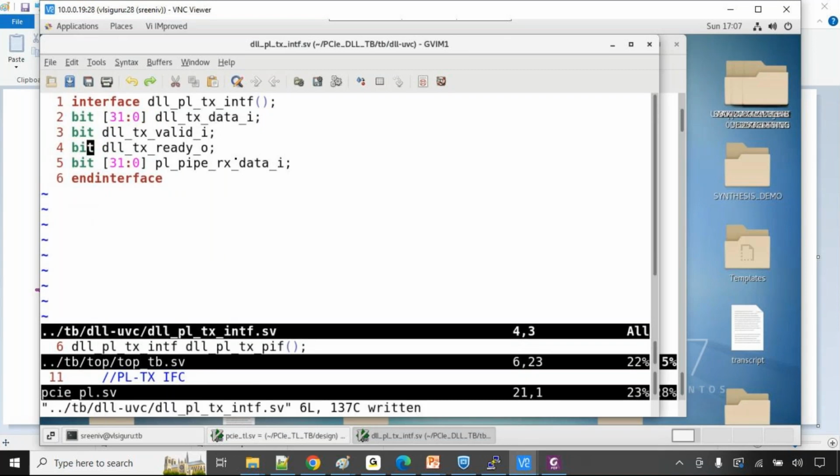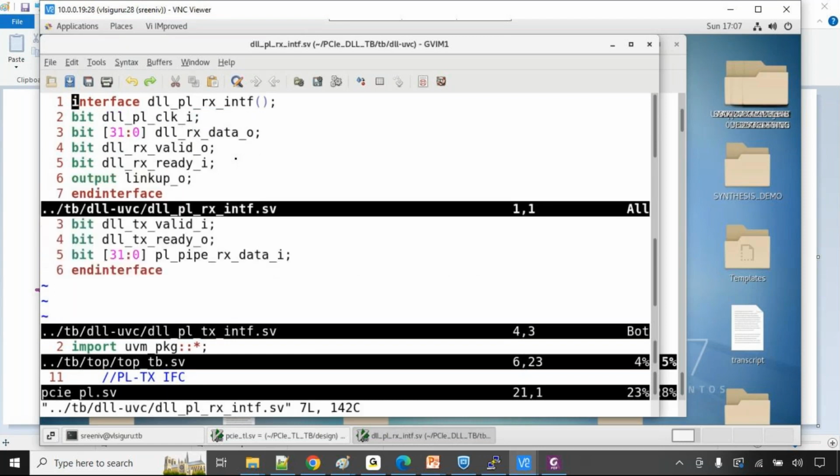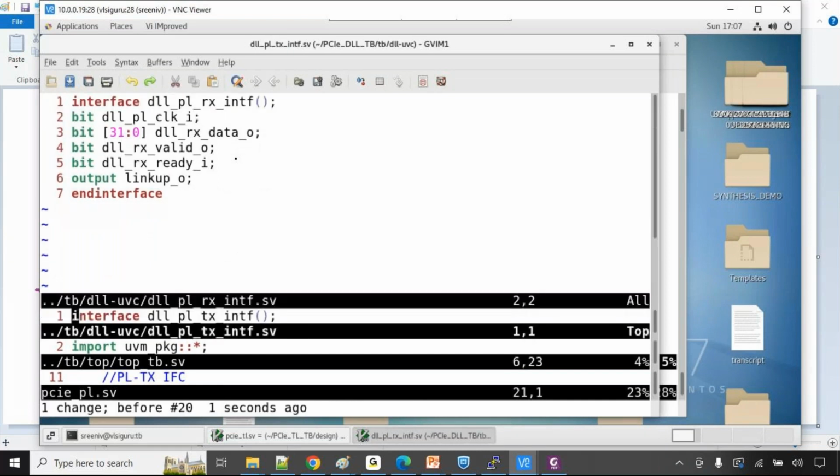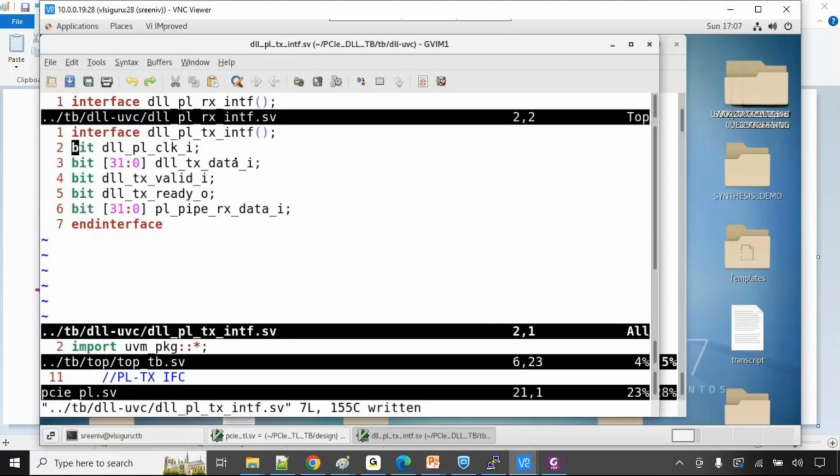And clock is required here also. I mean, clock has to be part of this interface also. So RX interface. The clock is common to both interfaces.